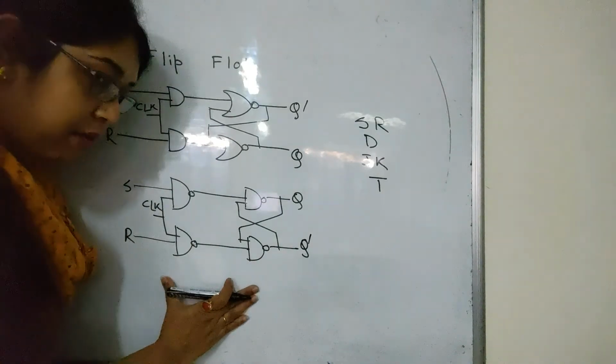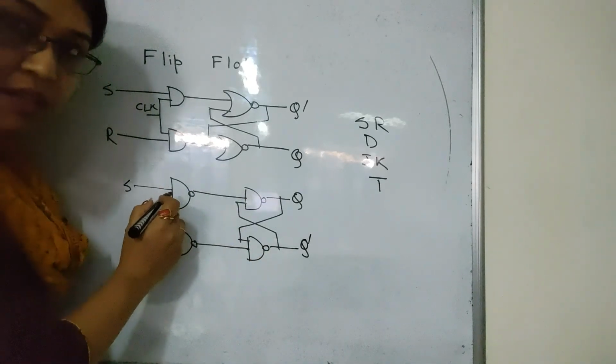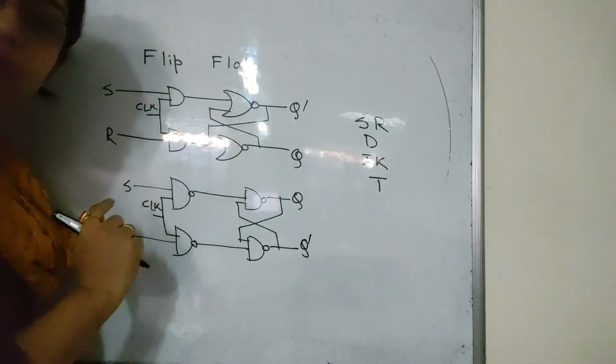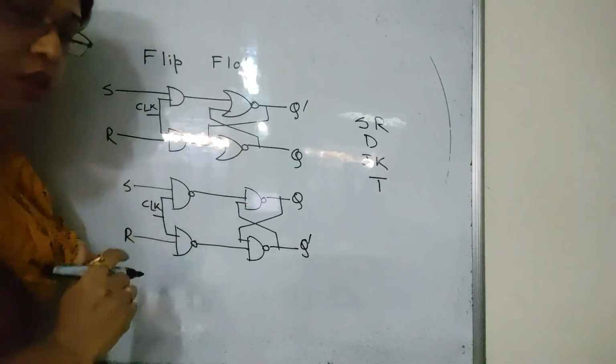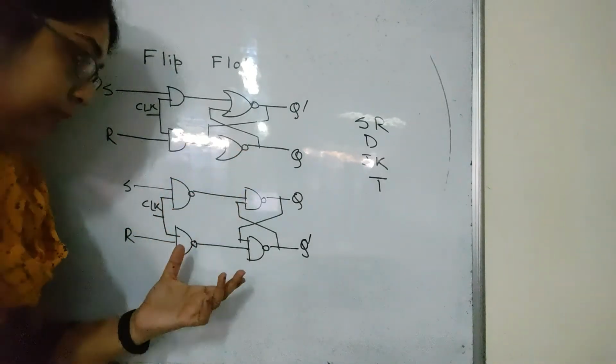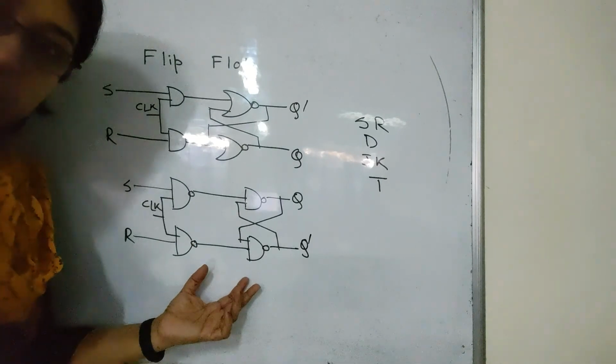In this diagram, as you can see, all the gates that have been used are NAND gates, and these are all NOR gates. So this is an SR flip-flop using NOR gates, and this is an SR flip-flop using NAND gates.